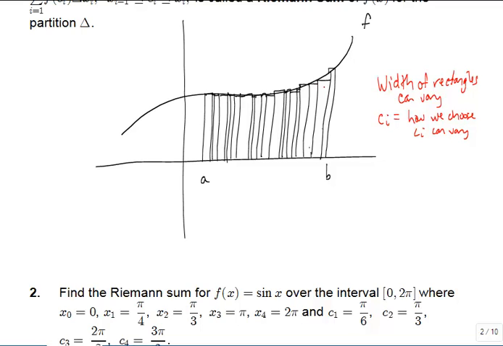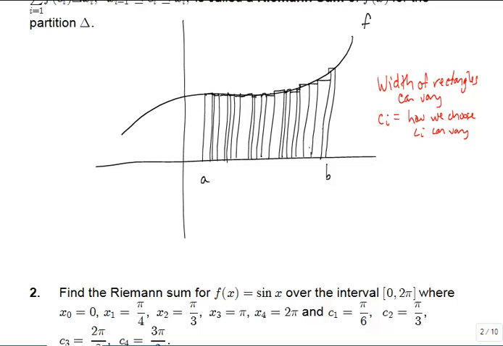In some of them, I might use right endpoints. In some, I might use a midpoint. And in some rectangles, I might use something totally different as long as it's a point within that subinterval. So you're allowed a lot more freedom in a Riemann sum because your rectangles can have different widths and your heights can be determined by different endpoints. So that's the freedom that a Riemann sum gives us.